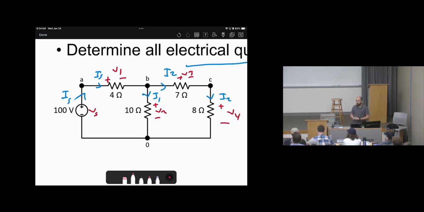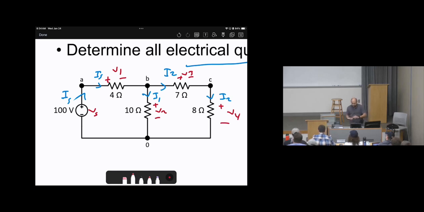Look at the source, because the only given thing that we have is the source, right? 100 volts. So we know the voltage source, but we don't know the current source. How can I know the current of the source, which is I_S? Ohm's law with the first resistor? Ohm's law, equivalent resistance. Great idea. That's it.